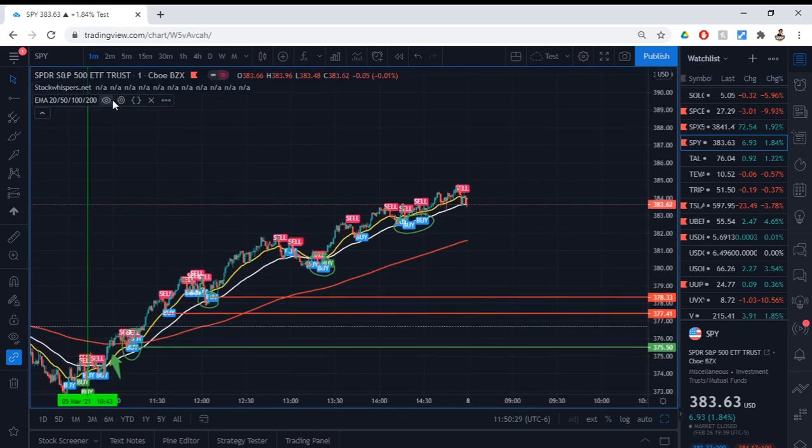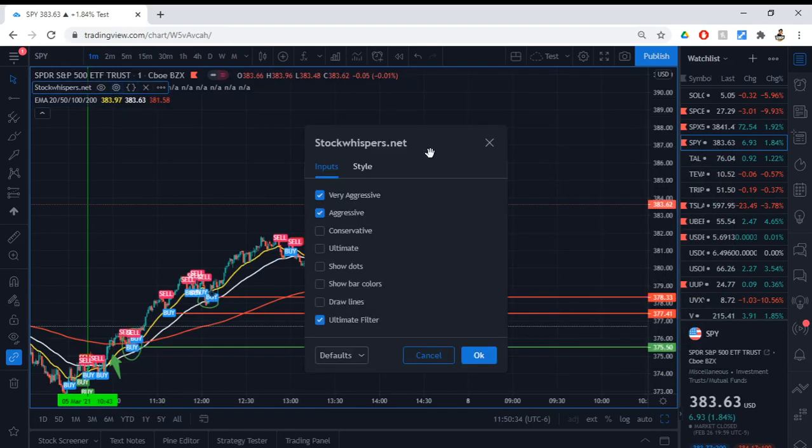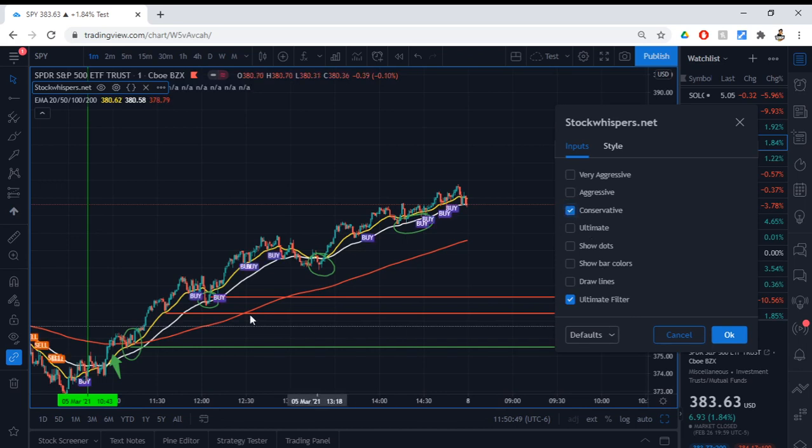And the same goes for the other strategies, right? Very aggressive would have given you many entries, right? Aggressive would have given you one entry here. Conservative would have given you more entries.